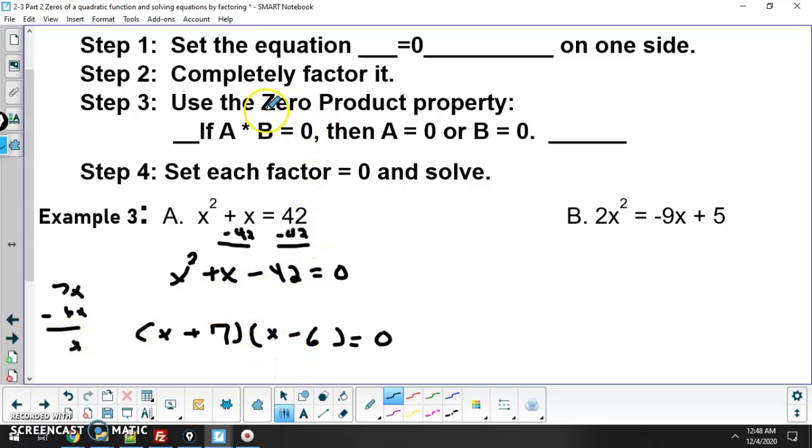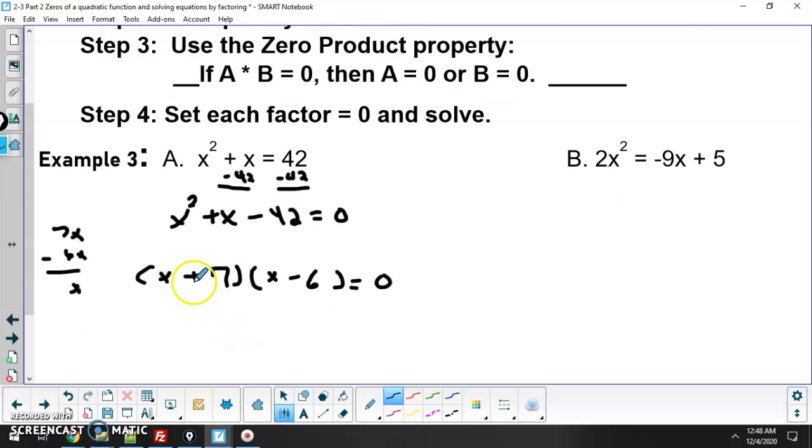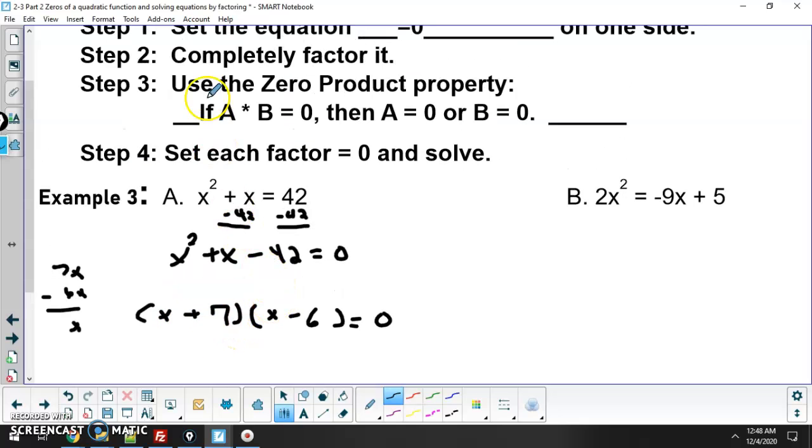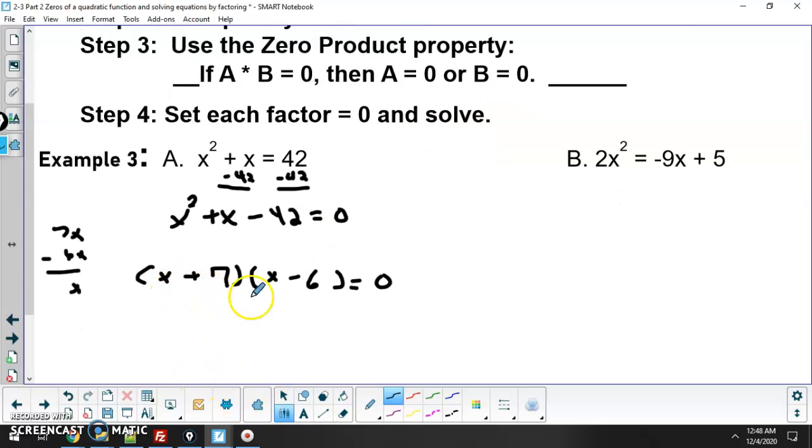Now, we want to solve this equation, not just factor it. So we set each factor equal to 0, using the zero product property: either x plus 7 equals 0 or x minus 6 equals 0. If we set the factors equal to 0, we have two one-step equations. One solution is negative 7, and you could probably guess the other already.